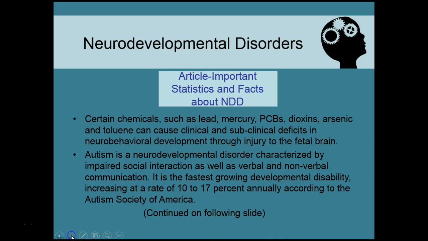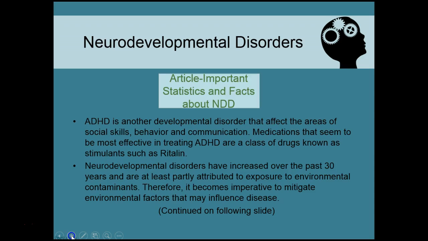Autism is a neurodevelopmental disorder characterized by impaired social interaction as well as verbal and nonverbal communication. It is the fastest growing developmental disability, increasing at a rate of 10 to 17% annually, according to the Autism Society of America.